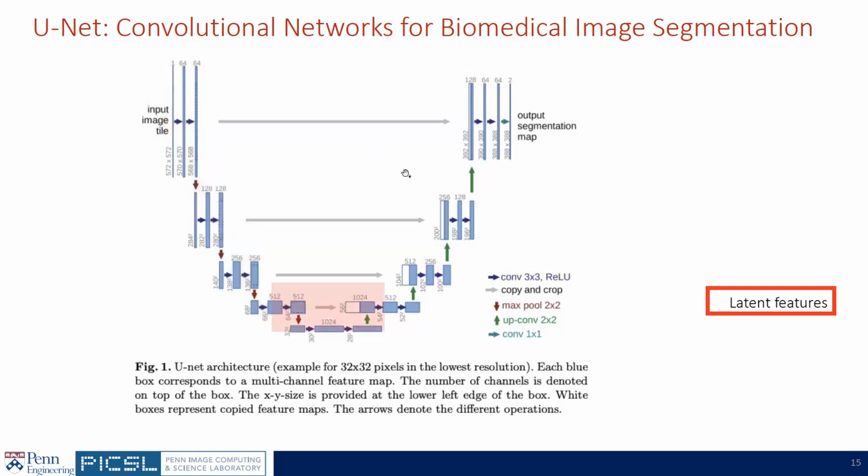The second component is something called the bottleneck features or hidden features. It captures all the information from the image into a latent space. Then the third component is the upsampling leg of the architecture, which brings your image from this latent space back to its original size of h times w.